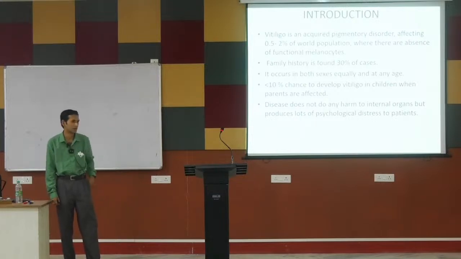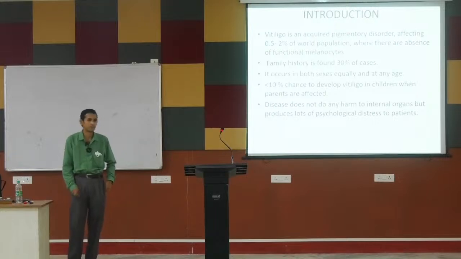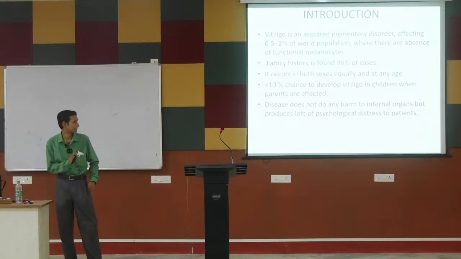The basal layer contains the melanocyte, which produces the pigment melanin, which confers the color of our skin. In vitiligo, it is an autoimmune disease where there is complete absence of functional melanocytes. There is destruction of the melanocyte, producing complete depigmentation. It is an autoimmune disease.